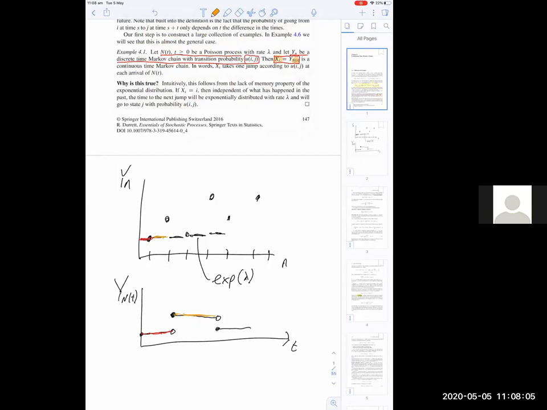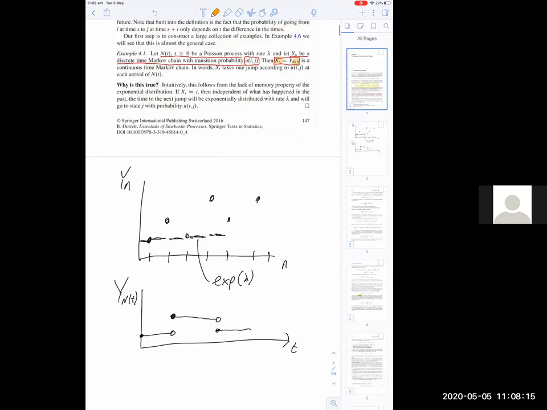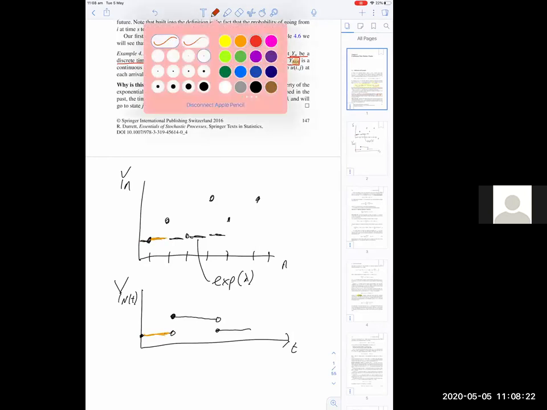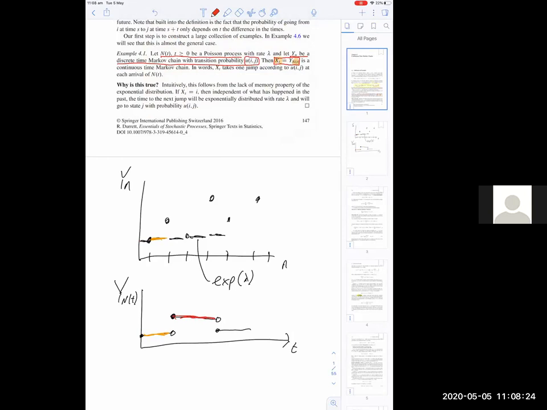Sorry, mistake, let me undo that. So this is where it starts. This interval maps to this interval, and then this interval is this interval, etc. So you're basically scaling time according to exponential random variables.